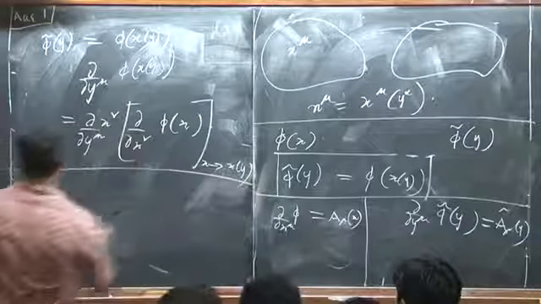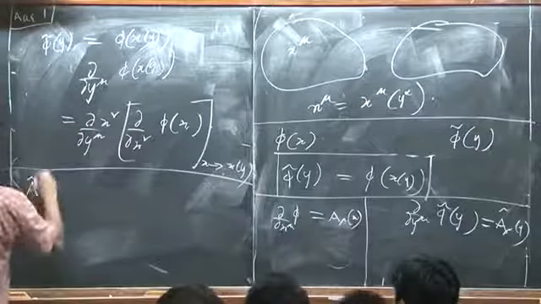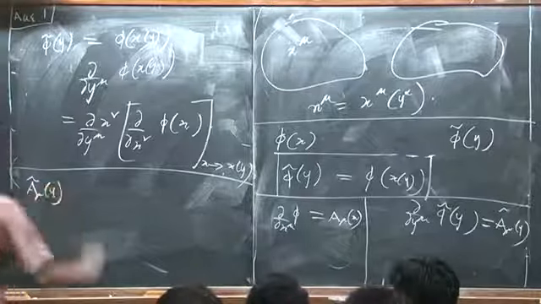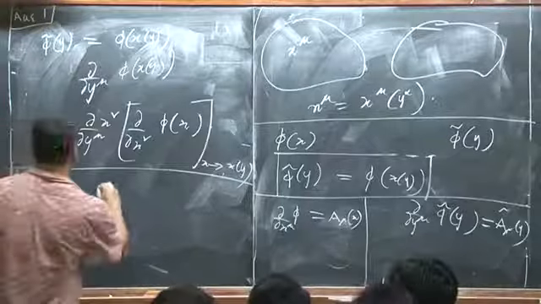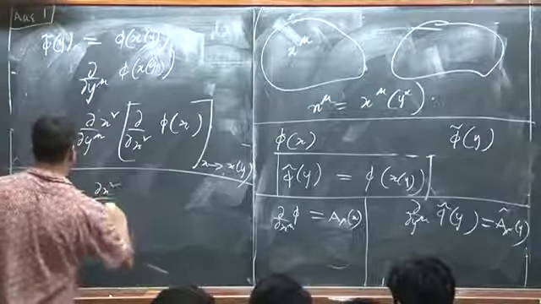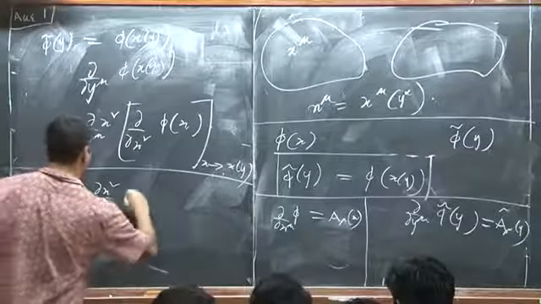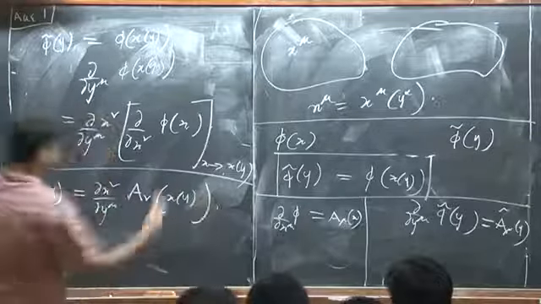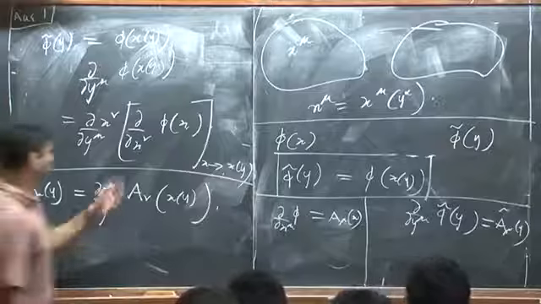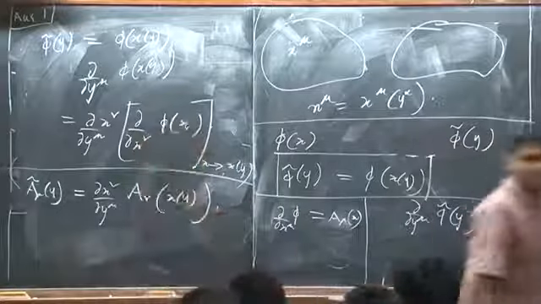So what we've derived is that a tilde mu of y is equal to del x mu by del y mu into a mu of x. Is this quantity a?